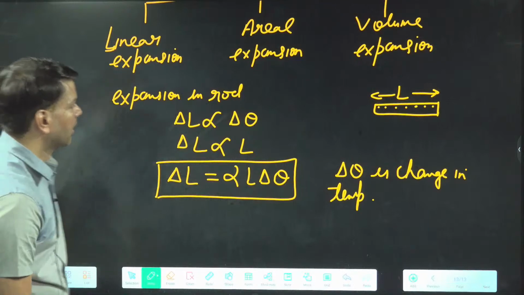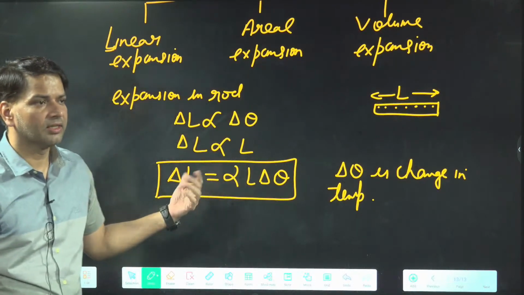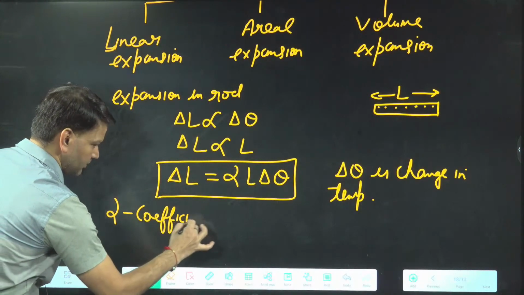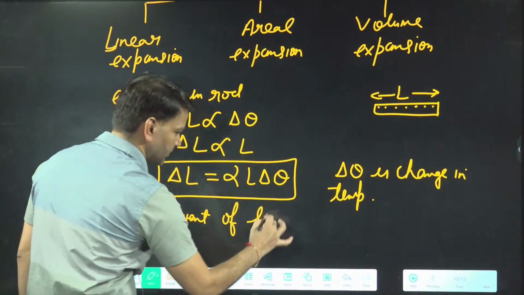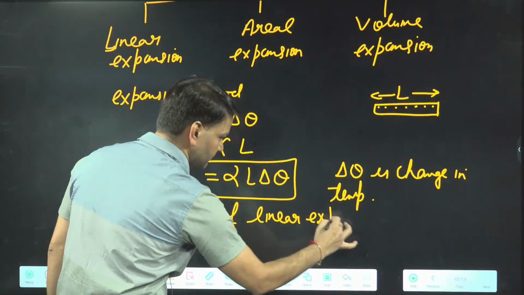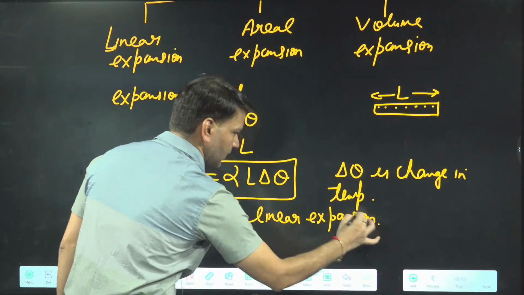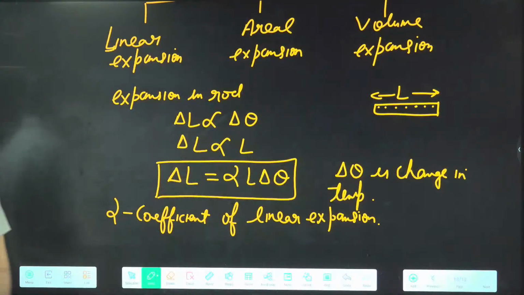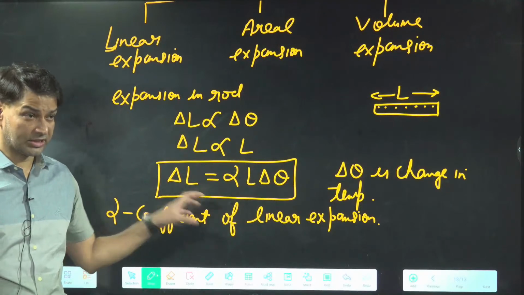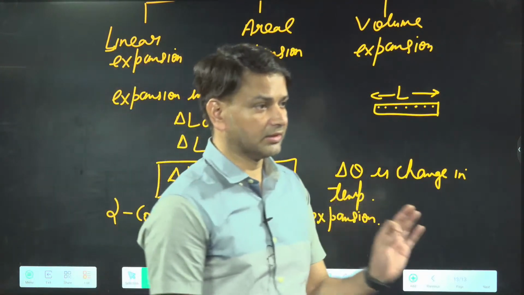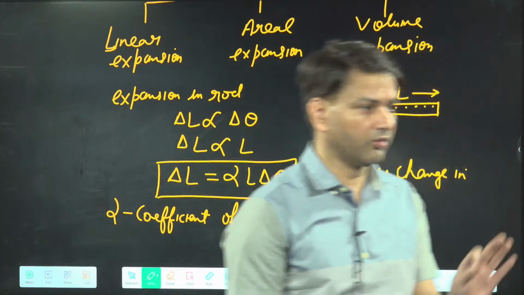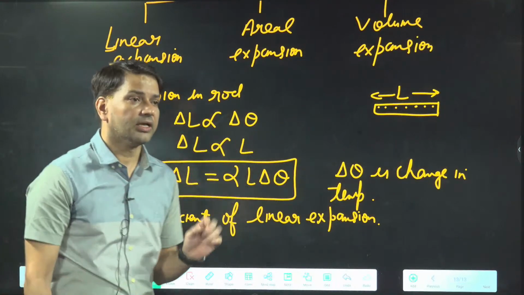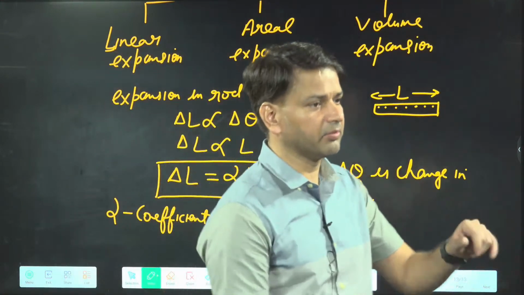Alpha is the proportionality constant, called the coefficient of linear expansion. Everybody got it? This is the only formula that you have to remember in this chapter: delta L is equal to L alpha delta theta. If delta theta is positive, delta L you will take positive, which means length will increase. If delta theta is negative, then delta L will be negative, which means length will decrease.